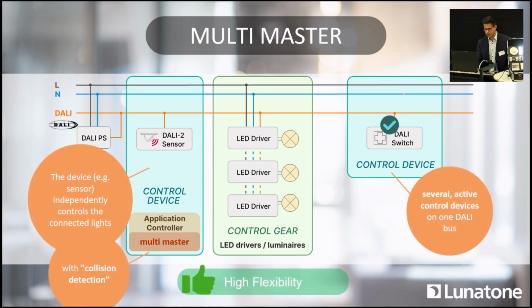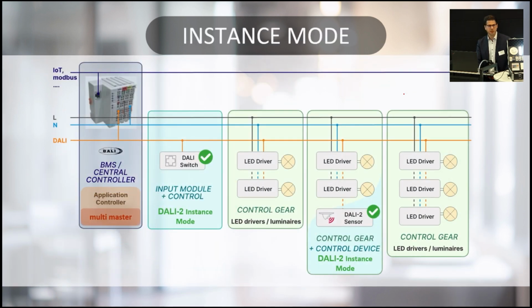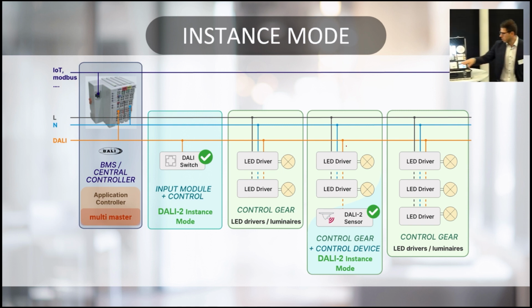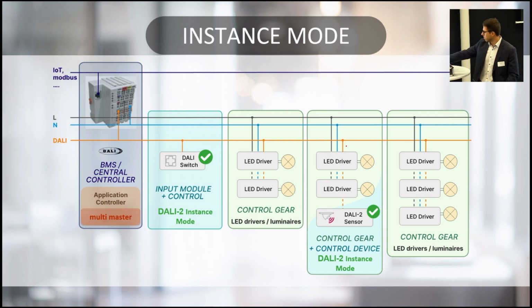Now it gets really, really weird because there's also an instance mode. With instance modes, simply speaking, those devices are not used to control the lights directly. Those devices are made, so to say, stupid. And all they send is, okay, if somebody clicks the button 1, the information that this button was clicked will be sent to an application controller.